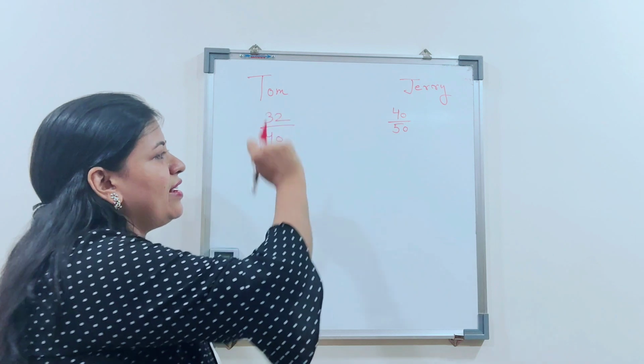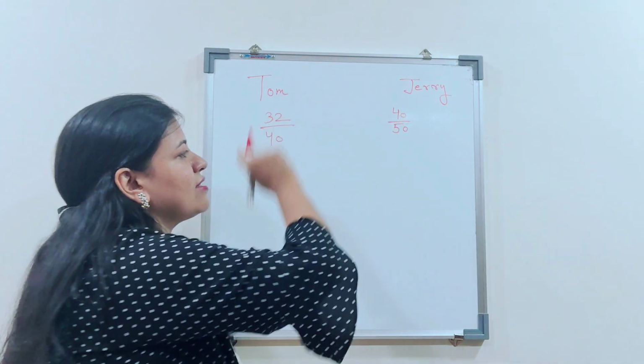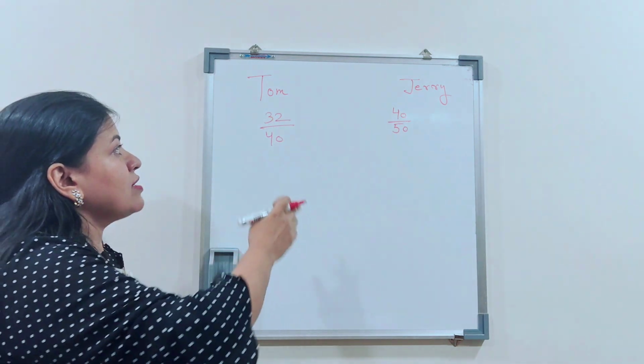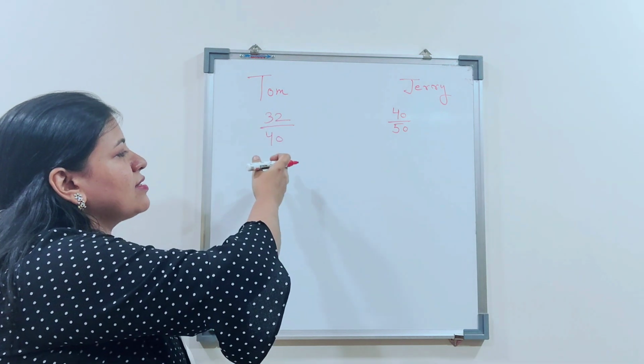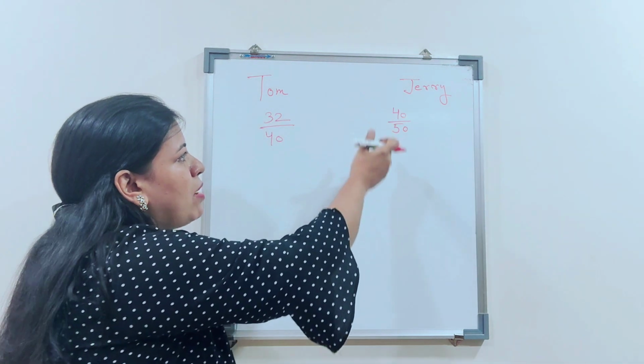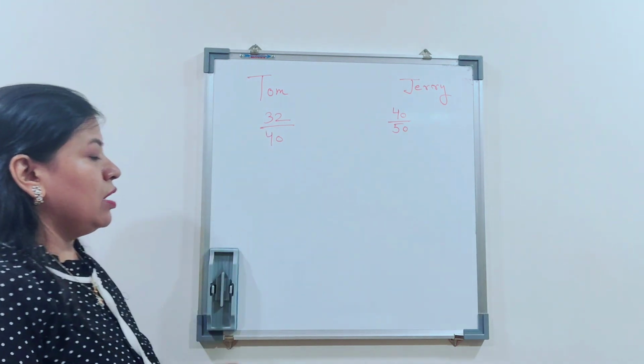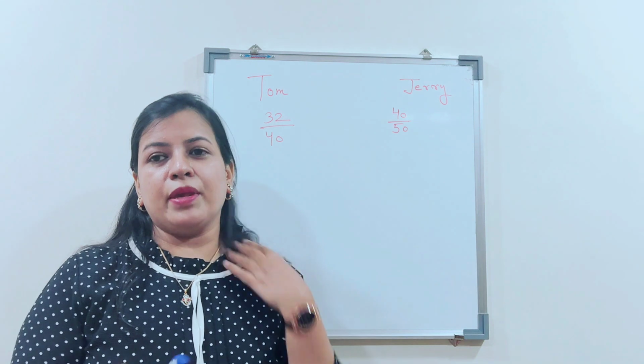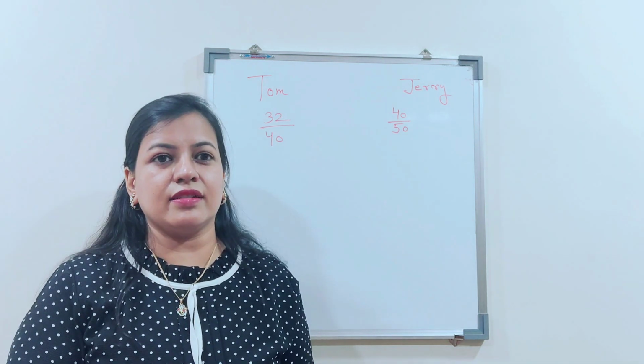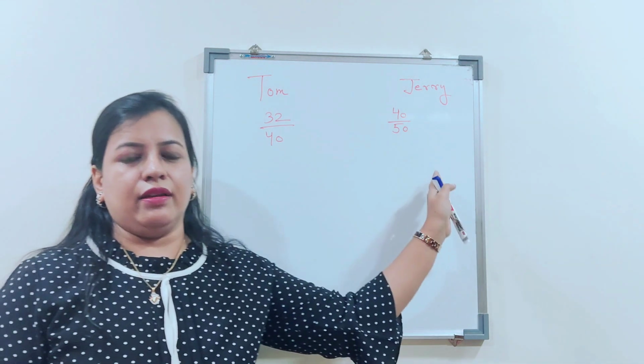And he's telling Jerry that he got 10 marks less than the total. So of course, I getting 8 marks less than the total and you getting 10 marks less than the total, I scored better than you. Now children, can you tell me who fared better in the math test? Is it Tom or Jerry?